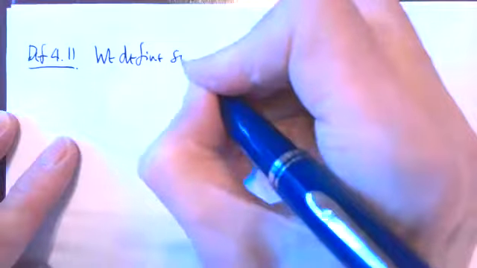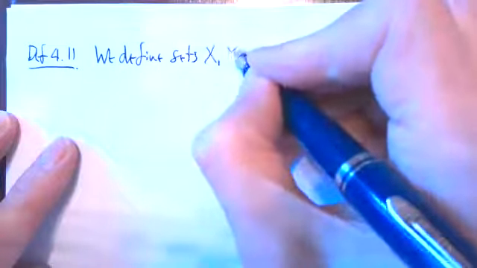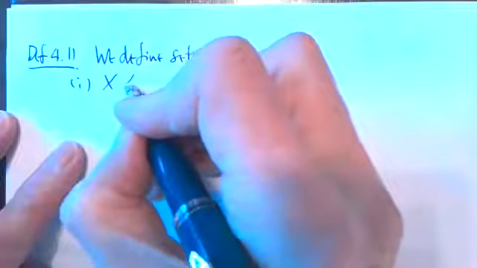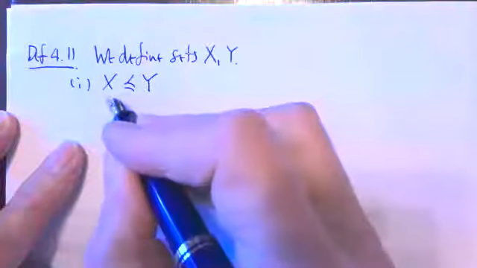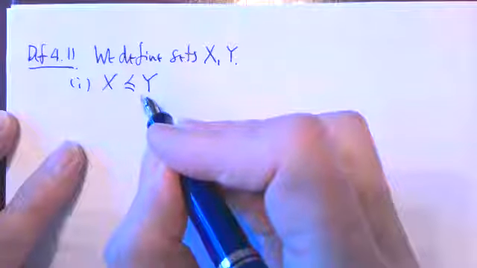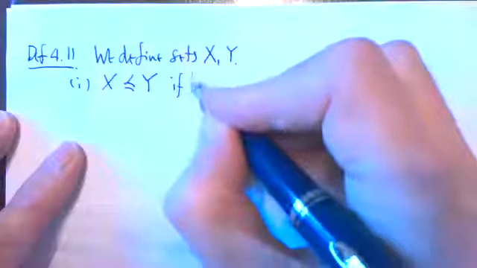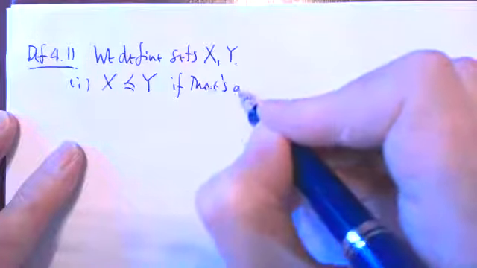So I take sets X and Y, and we're going to have X has cardinality less than or equal to Y if there's a one-to-one map.